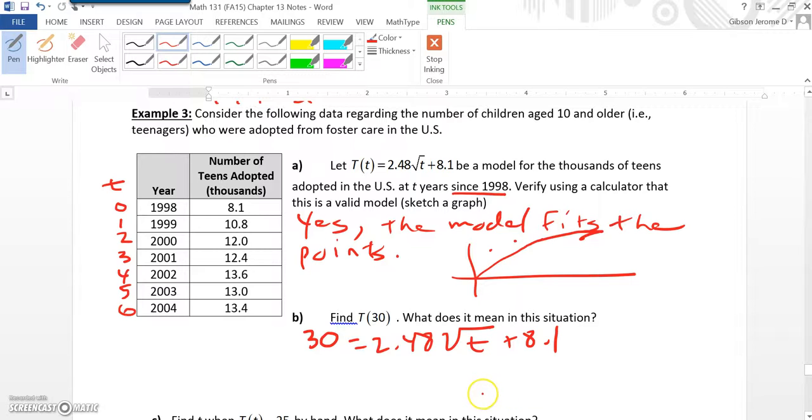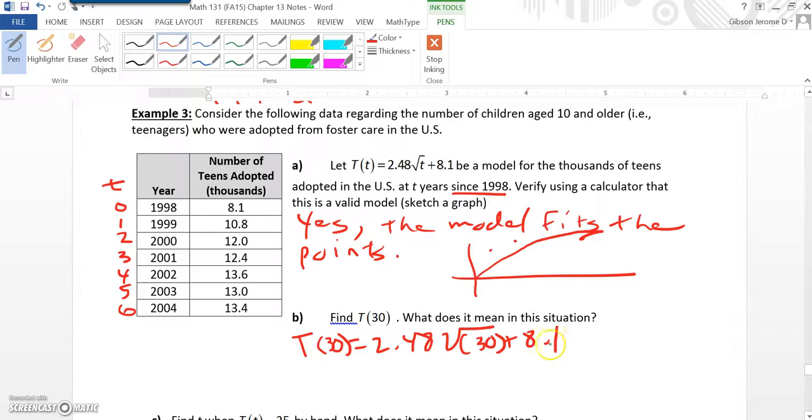Now, actually, class, this was a slight error here, because this is T of 30. What we would do is we will put in 30 for the lowercase t here. So it should not have been for the whole problem. So it would be T of 30, and we will substitute in 30 for this lowercase t here.